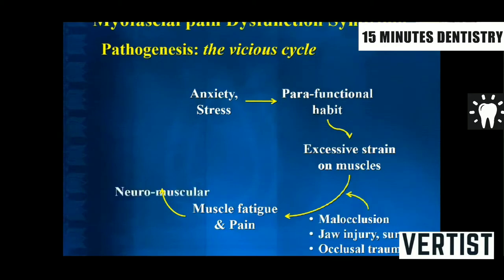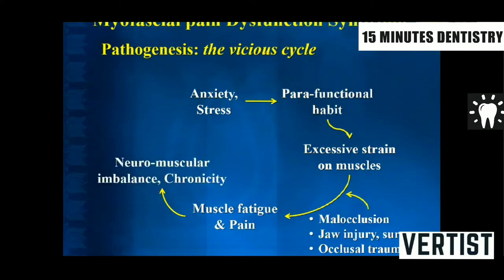So because of this muscle fatigue and pain, an imbalance occurs in the neuromuscular complex, and it also is the reason for the chronicity of the disease. And this again leads to more anxiety and stress. So this cycle goes on. And why I want you to remember this cycle is that when we manage, our aim is to break the cycle at one point.